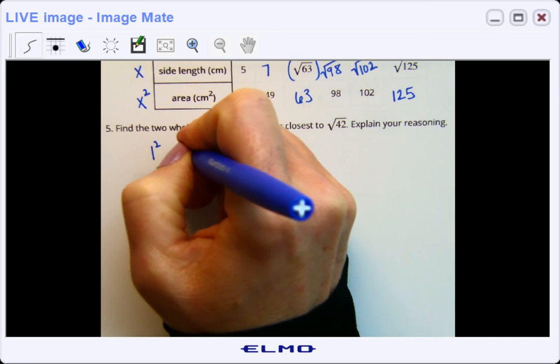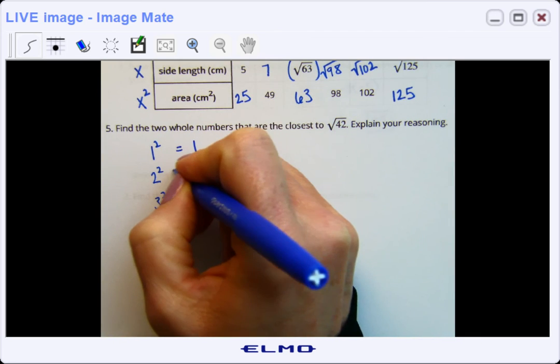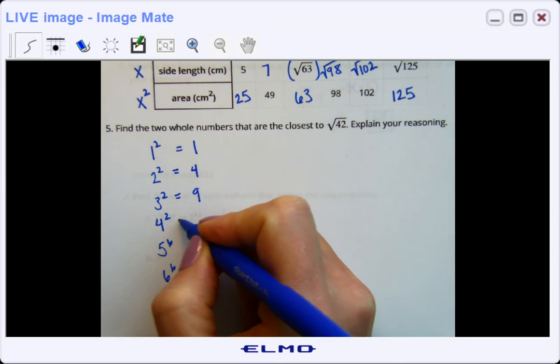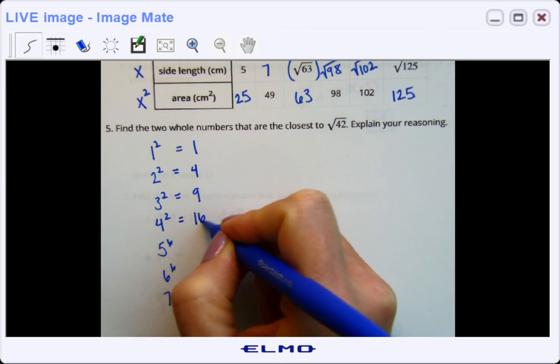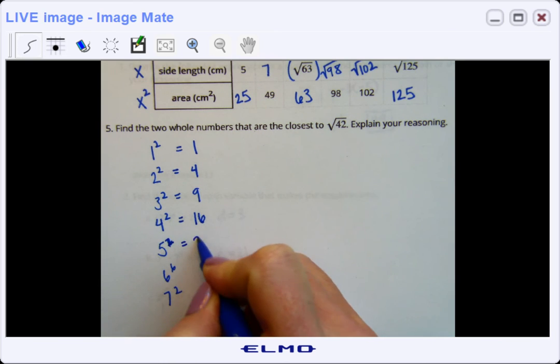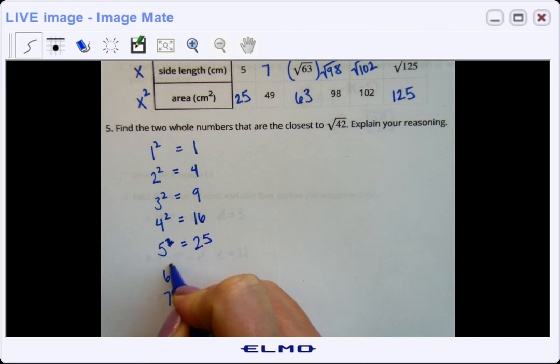Well, 1 squared is 1, 2 squared is 4, 3 squared is 9, 4 squared is 16, 5 squared is 25, 6 squared is 36, and 7 squared is 49.